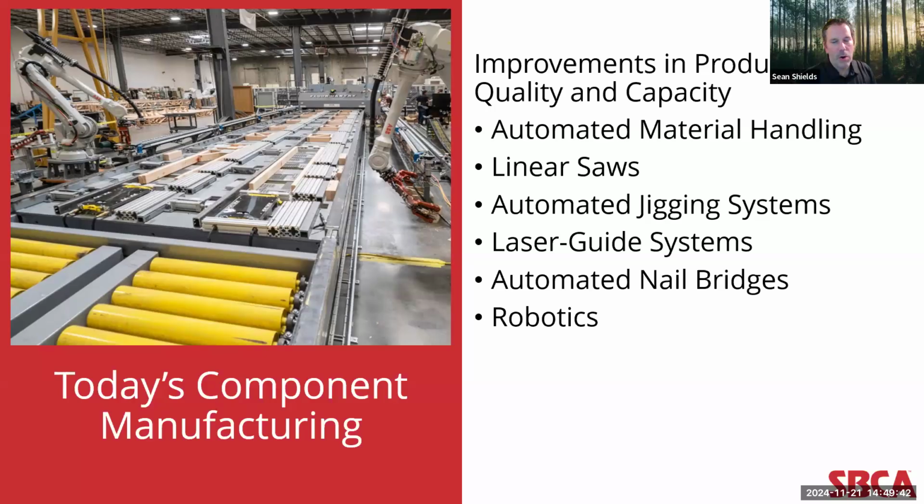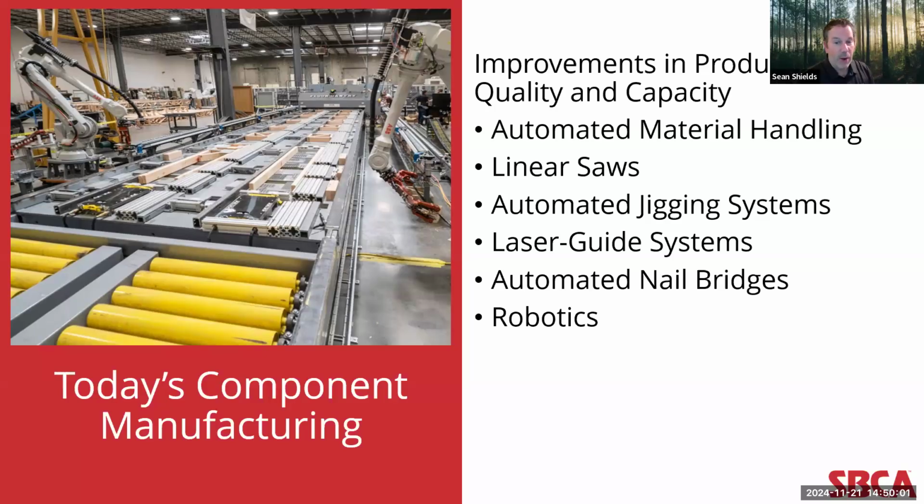And so some of those things are automated material handling, equipment like linear saws, which are incredibly efficient at using each board as they are fed through the saws. This is a dramatic improvement from past cutting technology.